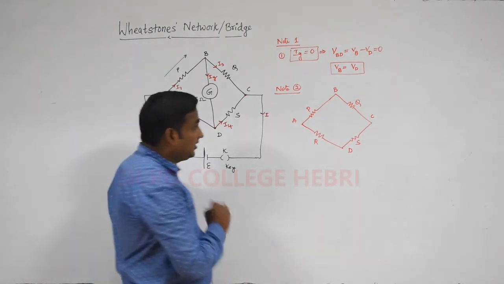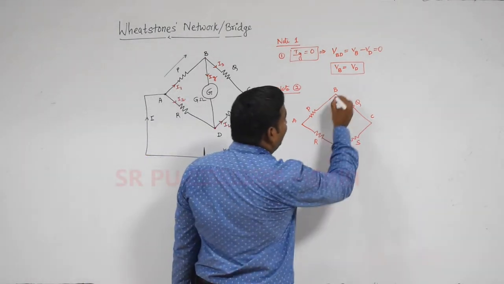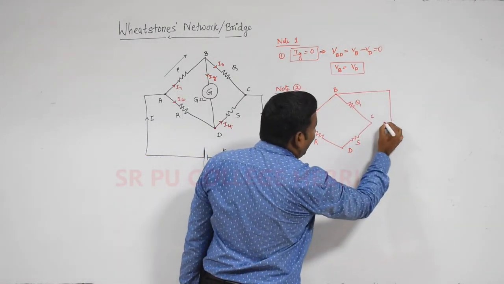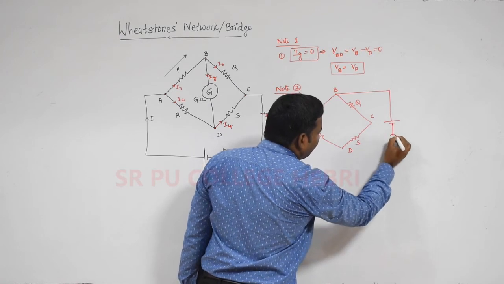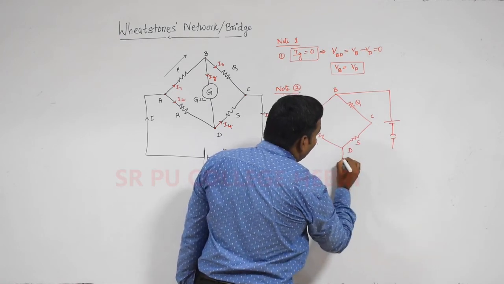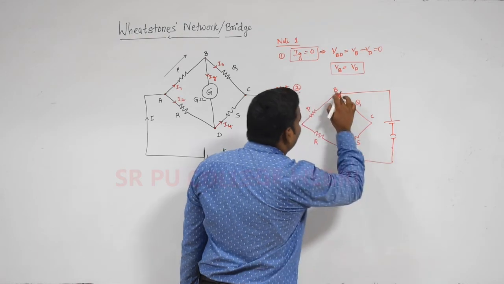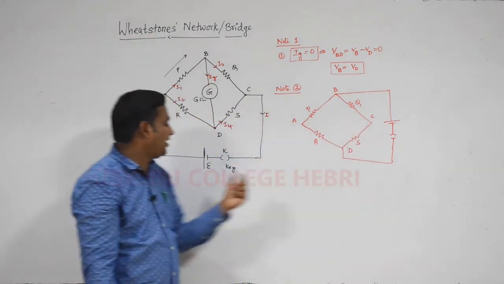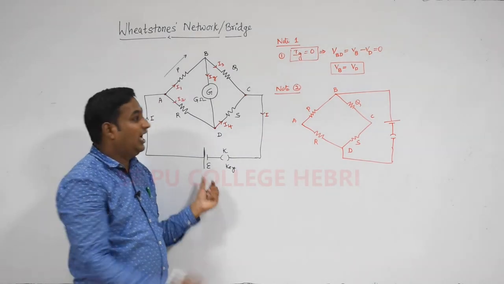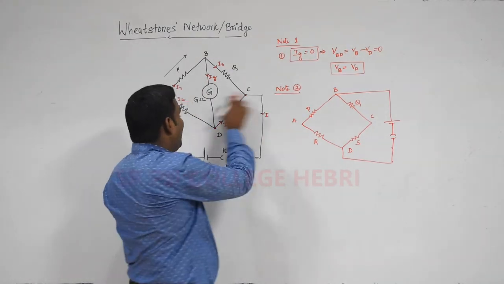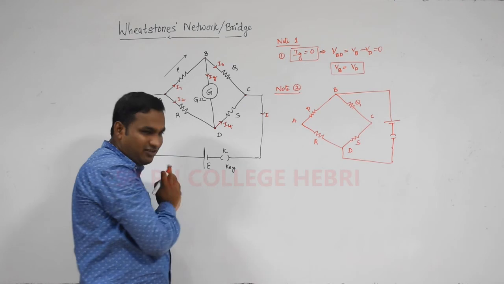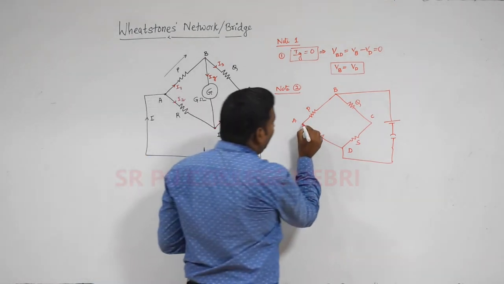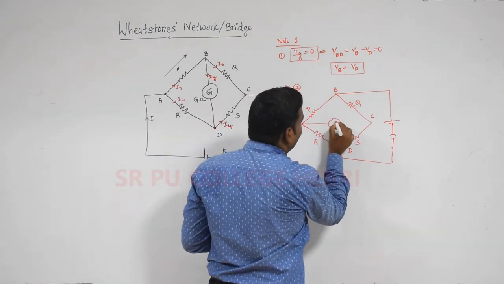Galvanometer. But now between B and D, I will connect a battery with the help of a key. Between B and D, I connected a battery or a cell. And in between A and C, what was there? Cell or battery. But now in between A and C, I will connect the galvanometer.